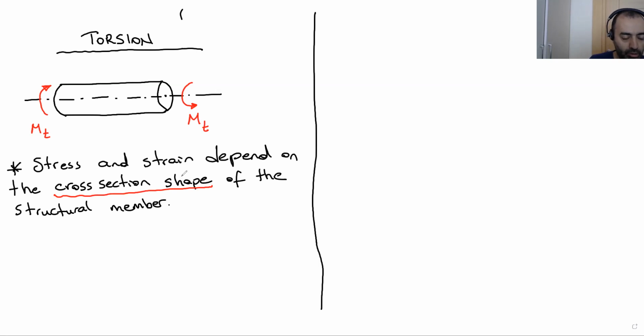So you may have a circular section, you may have rectangular, square, triangle, whatever. Okay. Under the same torsional moment effect, you are going to get different stress and strain distribution on the section in these different shapes. So, okay, there are many geometrical section types, that's okay.